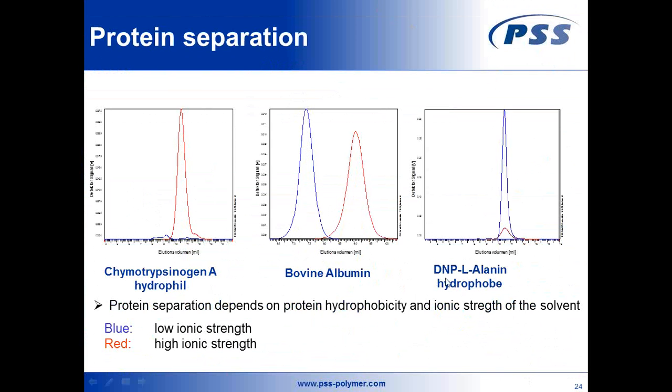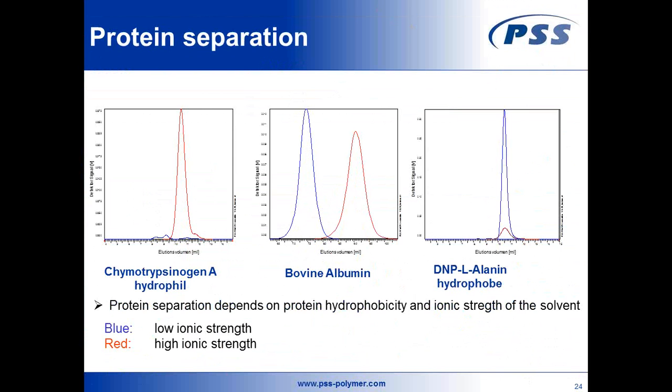On the right-hand side, DNP-L-alanine is a highly hydrophobic protein. Bovine serum albumin is rather hydrophilic, not hydrophobic. And I took those 3 proteins to show you the influence of the ionic strength of your mobile phase on the protein separation.